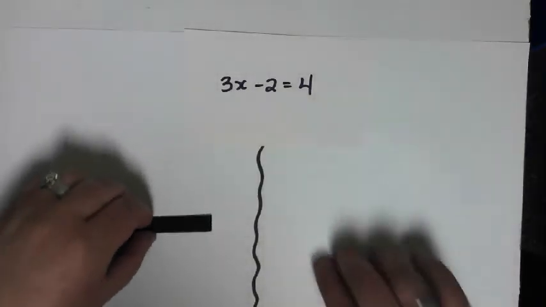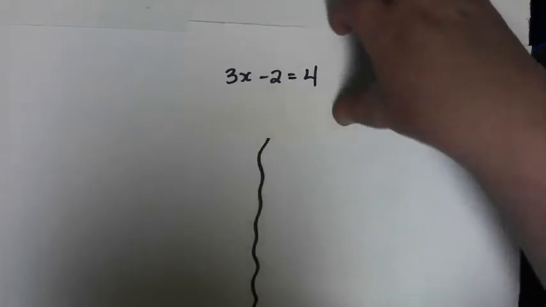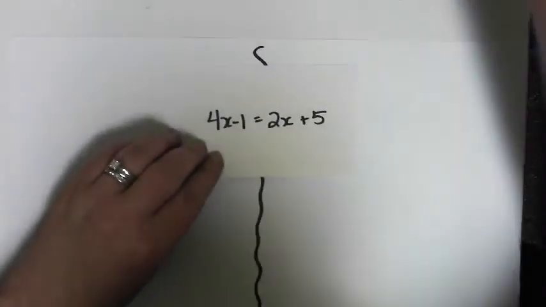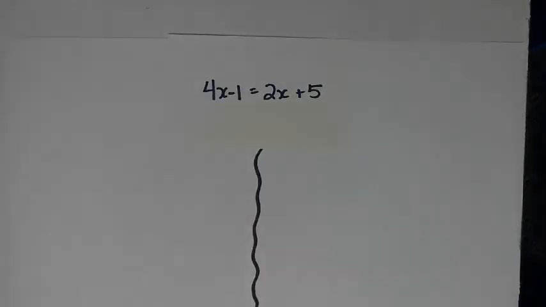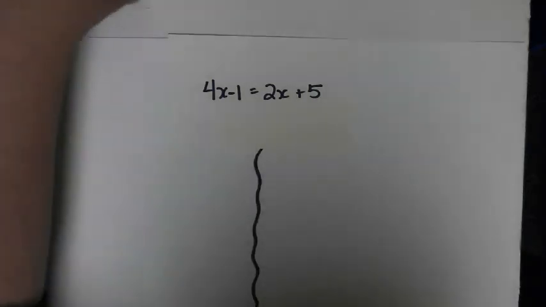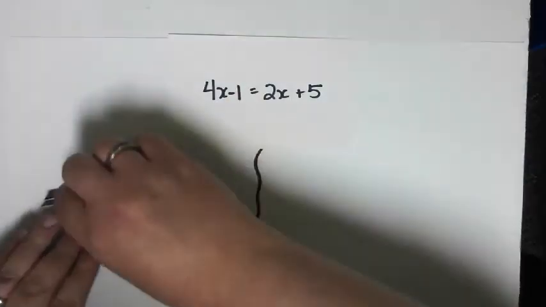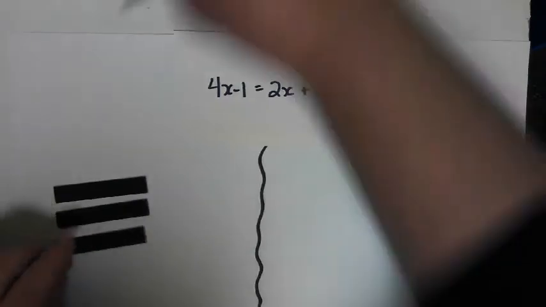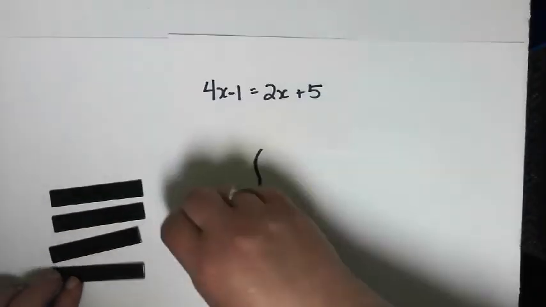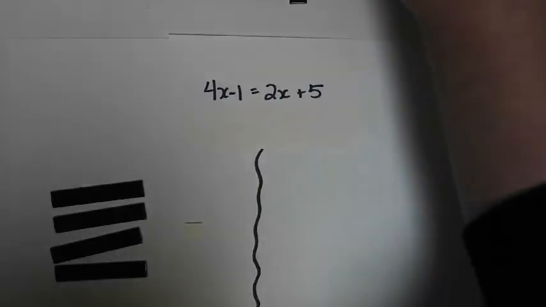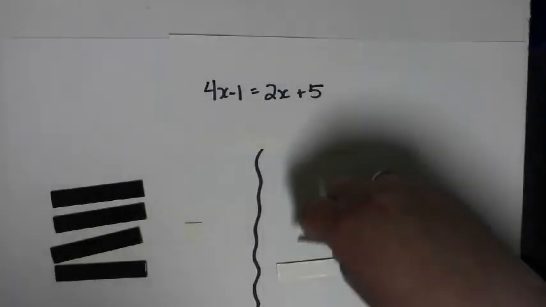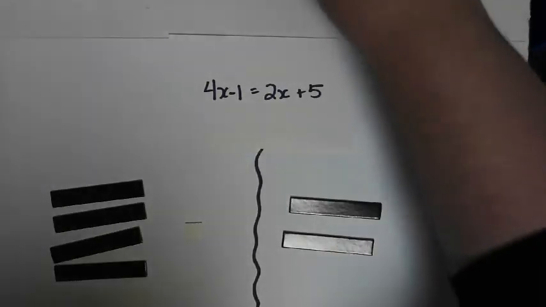All right, last type of equation to show you today with algebra tiles. Here we go. I've got 4x minus 1 is equal to 2x plus 5.